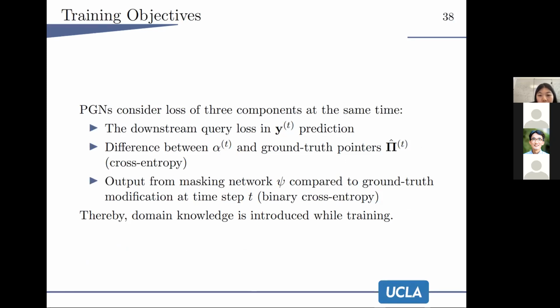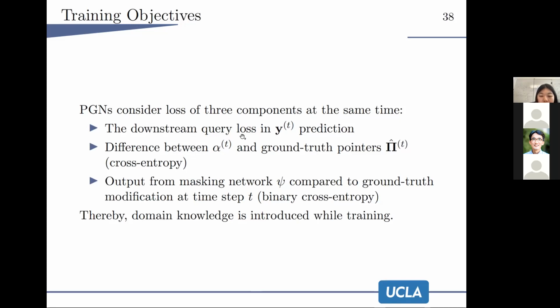And this time there are more objectives to train at the same time. First of all, of course, we have the loss coming from the y prediction, and they also consider the attention and the ground truth pointers for the next step, computed by cross entropy loss.